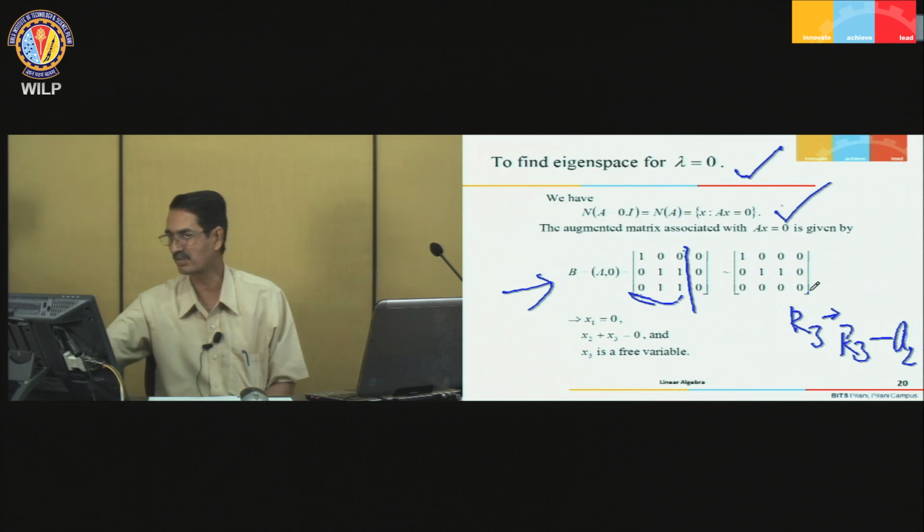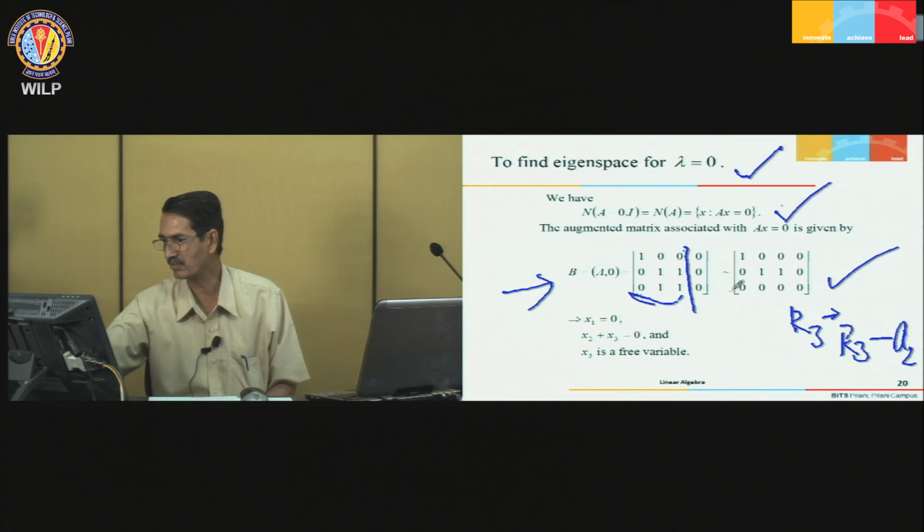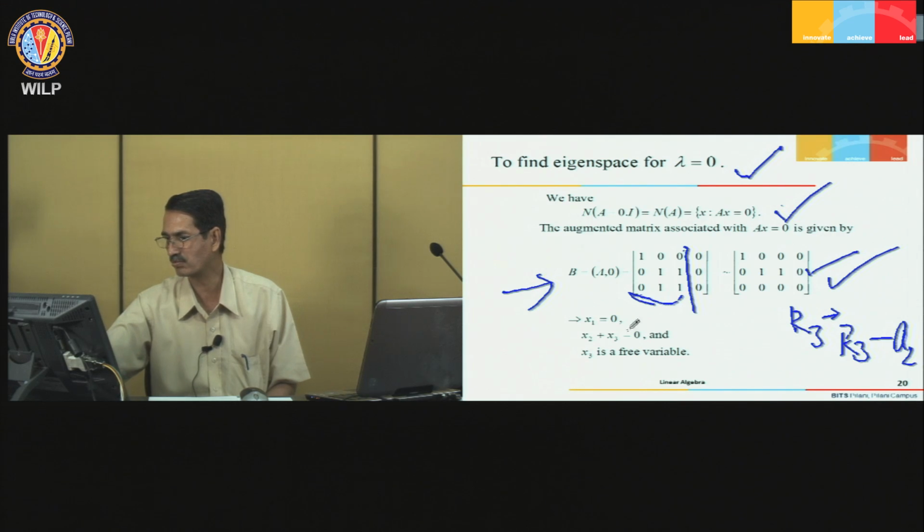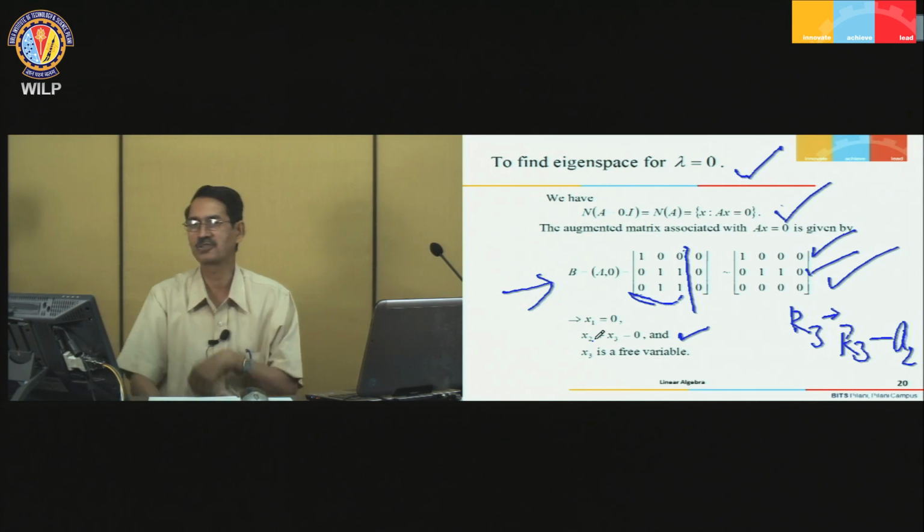So, what are we going to get from these equations? 0 into x1 plus 0 into x2 plus 0 into x3 is equal to 0. From the second equation we will get 0 into x1 plus 1 into x2 plus 1 into x3 is equal to 0. And the first equation is 1 into x1 plus 0 into x2 plus 0 into x3 is equal to 0. So, that is x1 is 0.